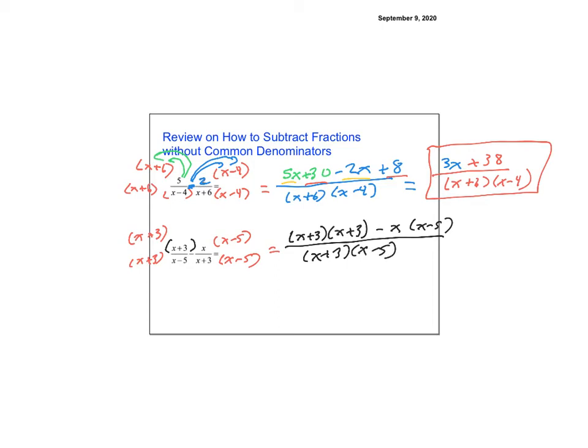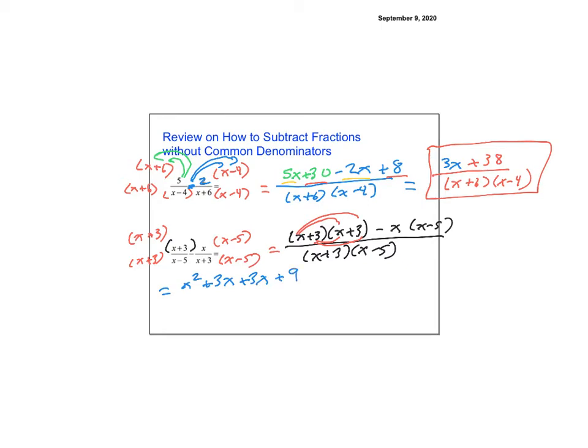All right, so if you remember how this goes, when you FOIL it out, you're going to take x times x, then x times 3, then you're going to take 3 times x and 3 times 3. So let's do that. X times x is x squared, x times 3 is 3x, 3 times x is 3x, 3 times 3 there is 9.